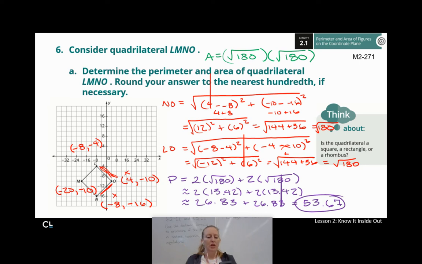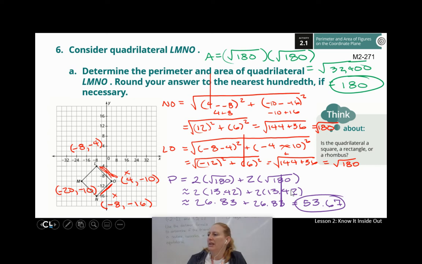Did you know that? So I can do 180 times 180. And so I end up with the square root of 32,400, because I can just multiply those together since they're being multiplied. And if I do the square root of that, hey, I got 180.